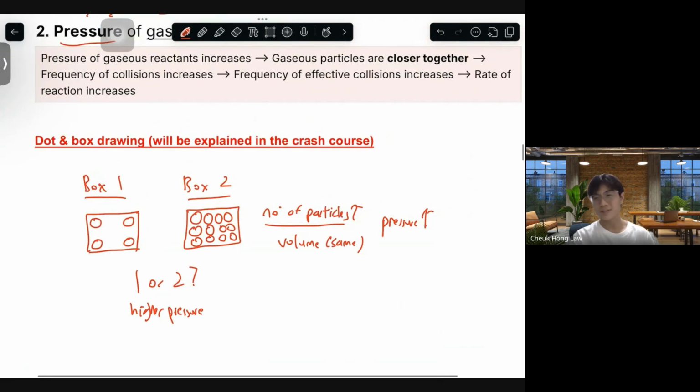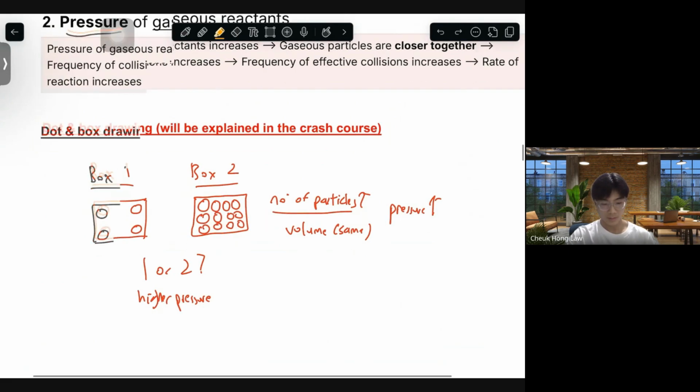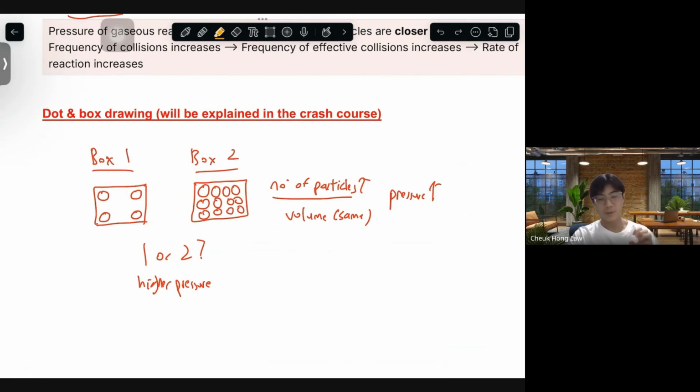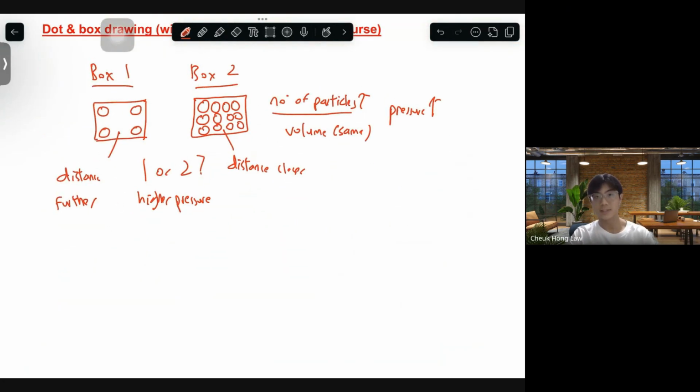But we cannot use number of particles per unit volume to explain pressure. For pressure we will use the distance between the particles. In box 2, you'll realize that the distance is closer, then in box 1, the distance between the particles is further. So now we can link pressure to distance between the particles.